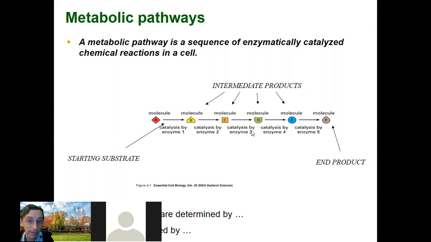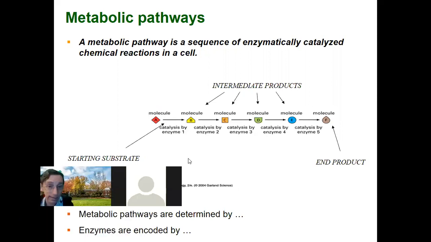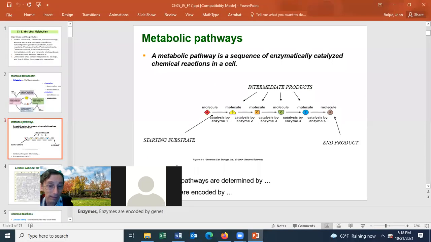So these are intermediates. As I stated, in cells, we have an enzyme to convert one molecule into another. So metabolic pathways are determined in cells by enzymes, and enzymes are coded by genes. So it's all in your genetics. Any question about any of that?